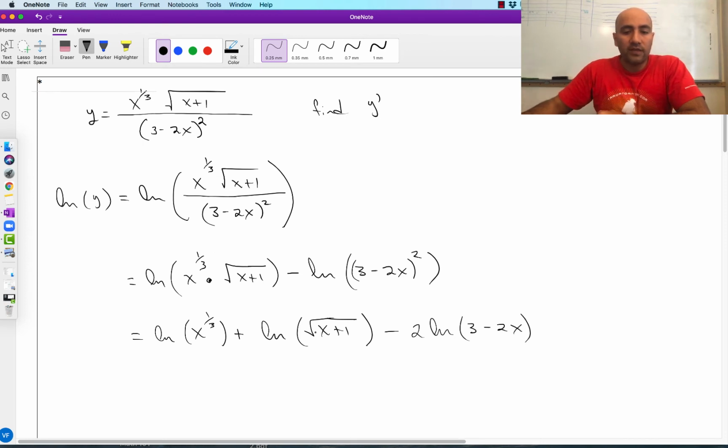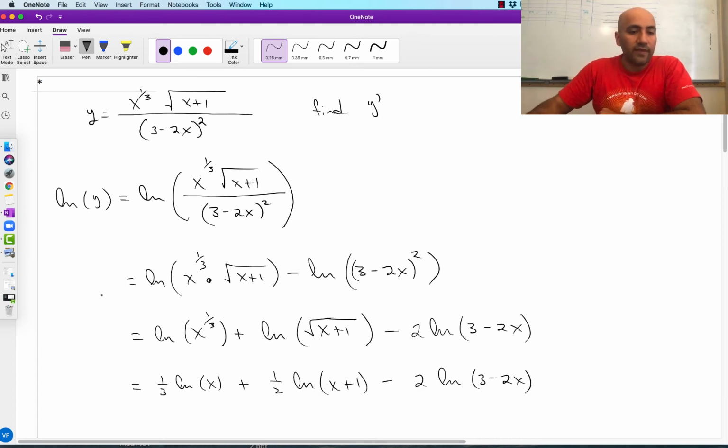We can also think of the square root as x plus 1 to the power of 1/2. So we can simplify this to be 1/3 ln of x plus 1/2 ln of x plus 1 minus 2 ln of 3 minus 2x.